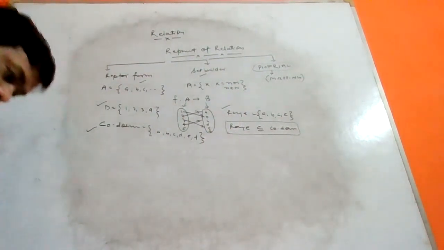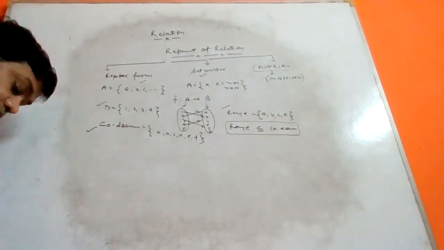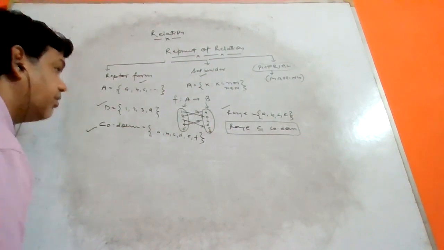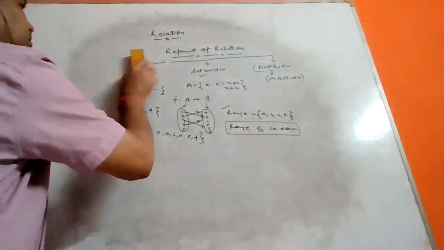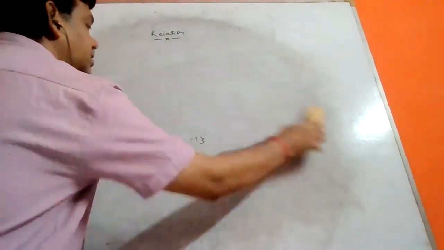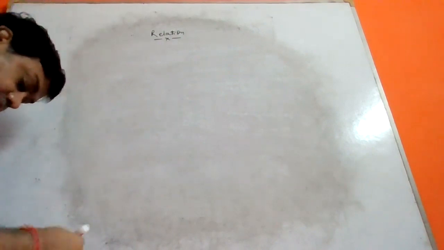And now we are going to discuss how to calculate range, domain, and so on, if a problem on set A is given. Given a set A, you have to calculate the domain, range, and so on.